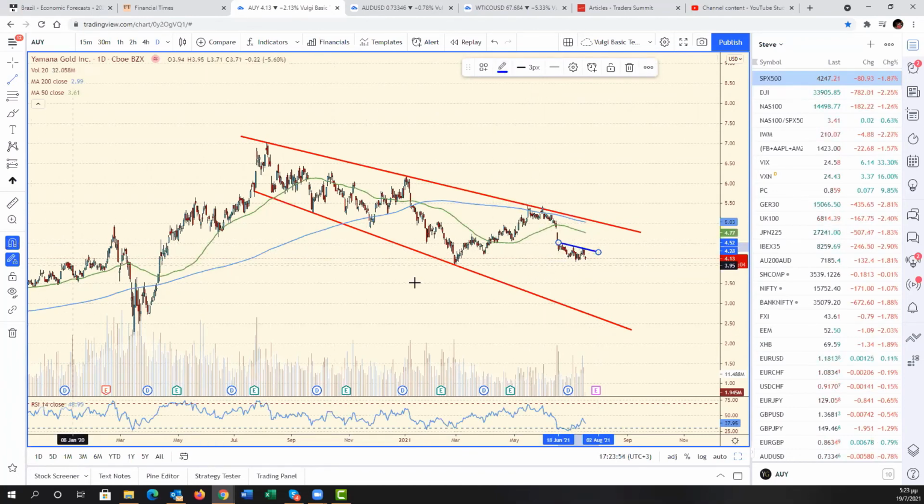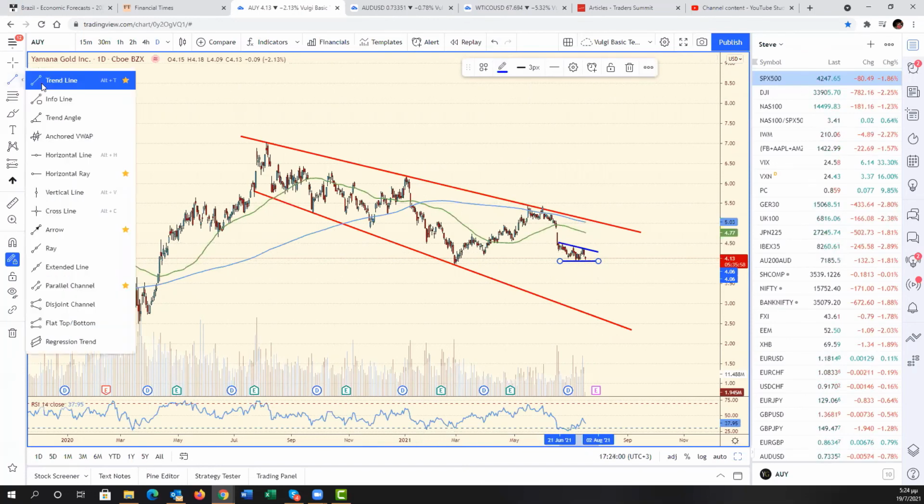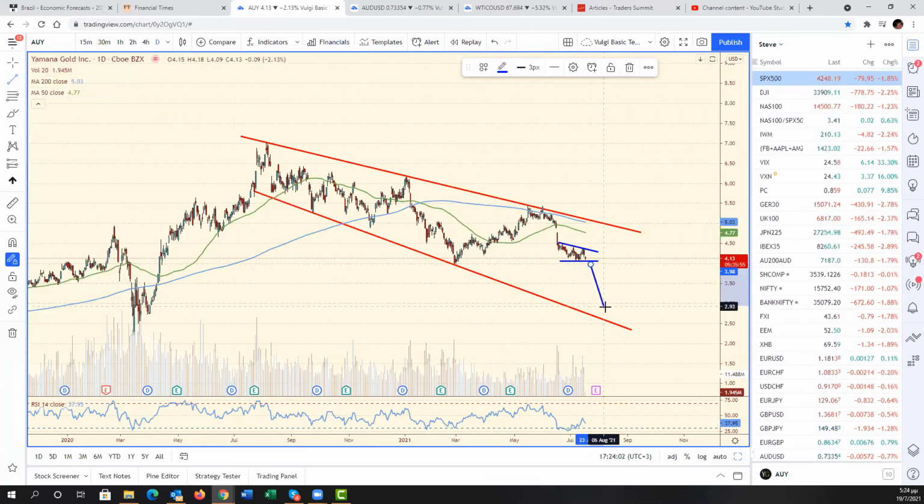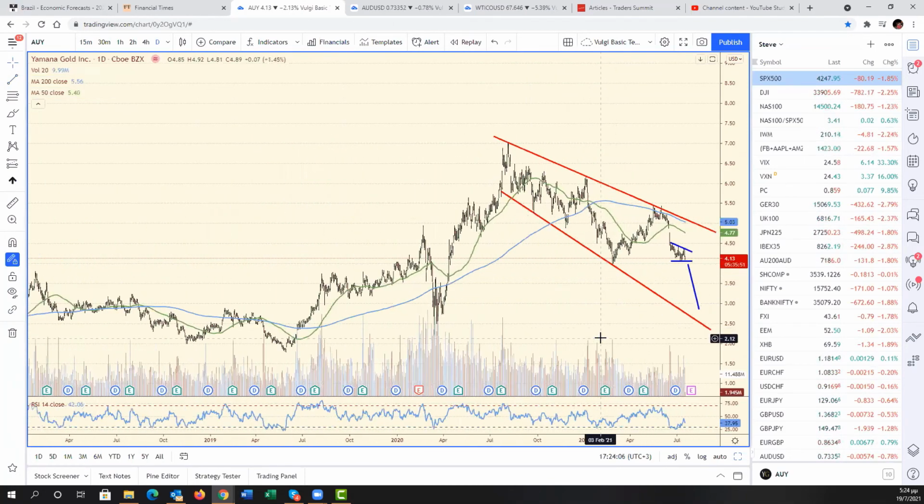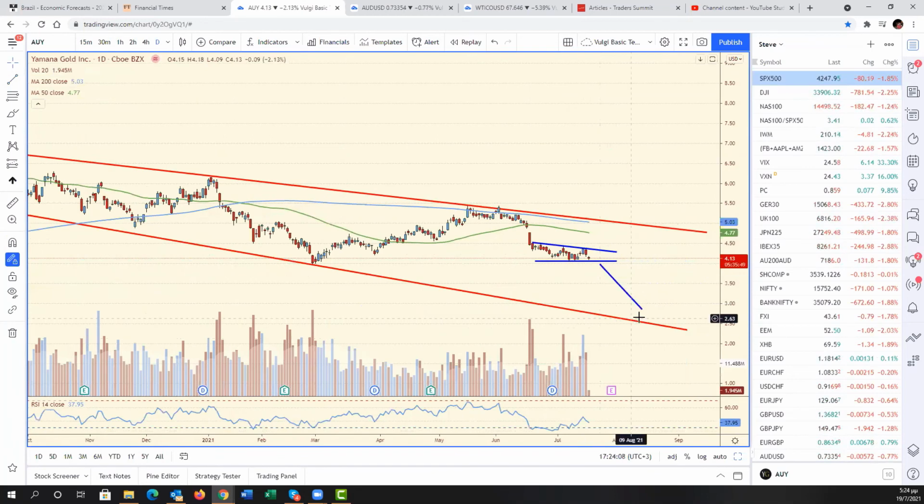Now, for how much deeper of a corrective move, I have no idea, but definitely, I think trying to buy it here is like trying to catch a falling knife, right? Yeah, that's all I have to say about it. I think you should keep looking lower. I see no reason not to.